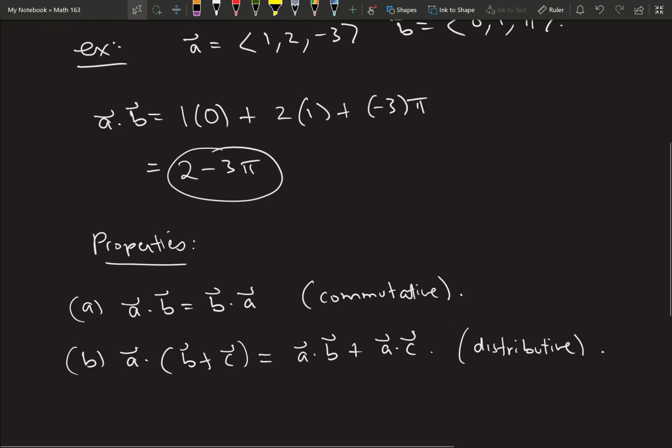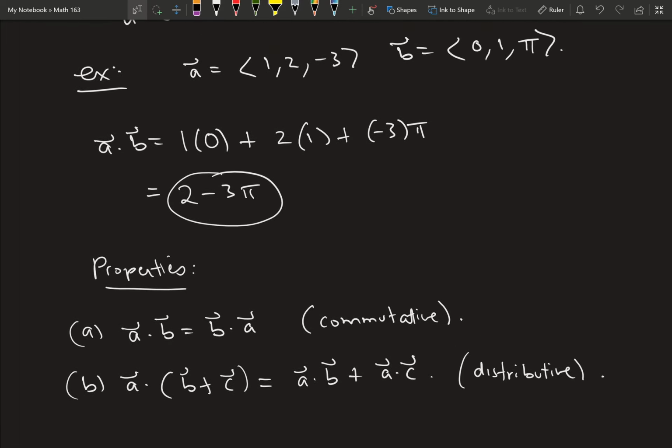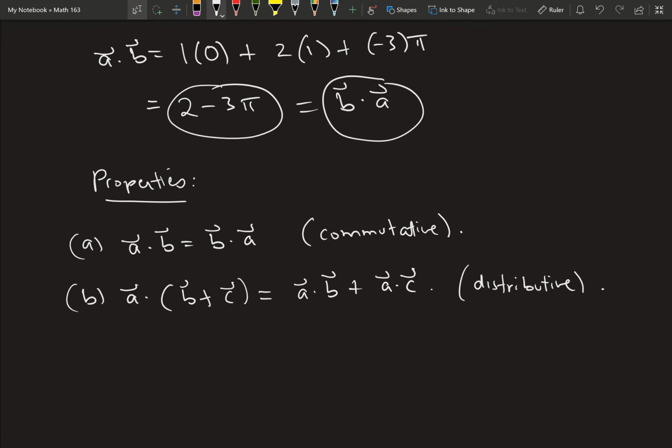You can see here that if you dotted it in the opposite order, you would get the same thing: 0 times 1 plus 1 times 2 plus pi times -3 for B dot A.